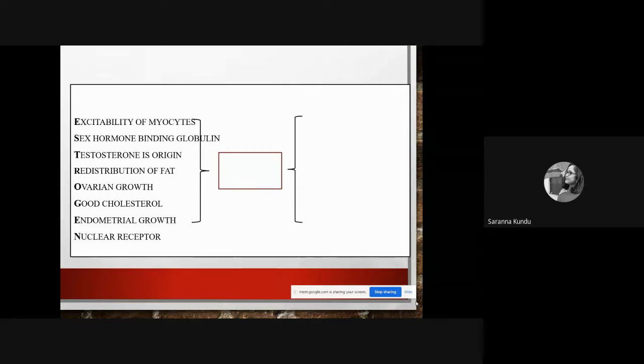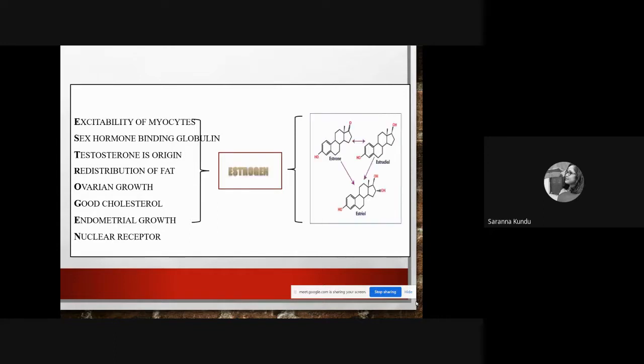G stands for good cholesterol, it means HDL cholesterol. E stands for endometrial growth and N stands for nuclear receptors. Naturally, there are three types of estrogen. First one is estradiol, which is secreted by the ovary.